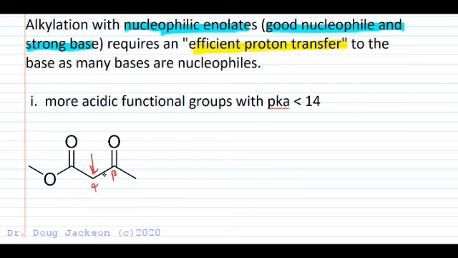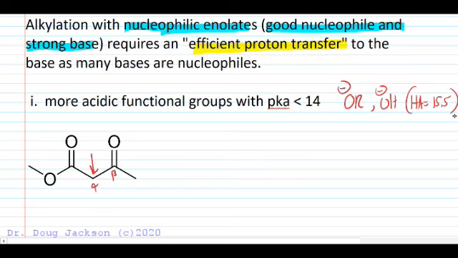That means that for a base with a basic oxygen like an alkoxide or hydroxide, their conjugate acid has a pKa of about 15.5 to 15.7 for water. If we're looking at less than 14, that's at least 100 to 1 in favor of completion of the deprotonation.